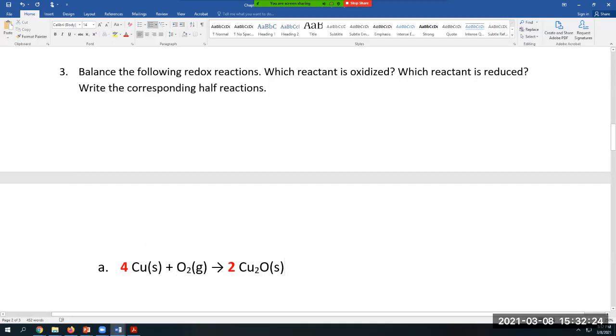Next, we need to decide which reactant is oxidized and which reactant is reduced. When you have redox reactions, one of the reactants on the left side is reduced and the other is oxidized, and we don't know yet which one. But the question is asking to answer with a reactant formula, right?